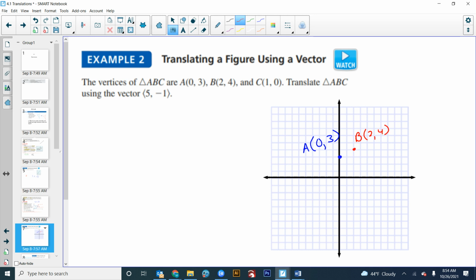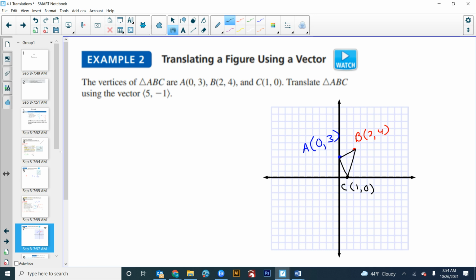And C is (1, 0). Just be careful when you're graphing. Some people are graphing points incorrectly and it messes you up from the get-go.